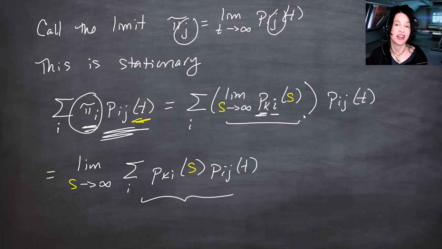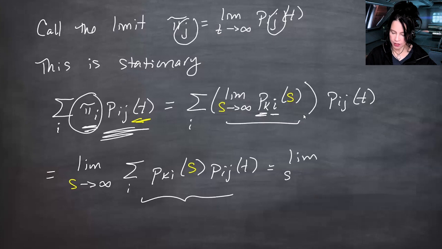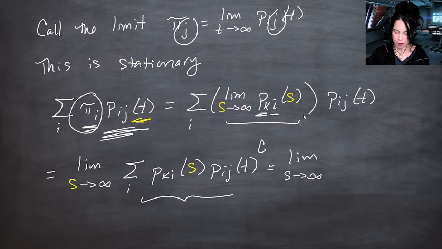And here I've got a Chapman-Kolmogorov equation. So I have the limit as s goes to infinity. This thing I put an under bracket on takes us from state k to state j in s plus t units of time, running through an intermediate state i that we summed out. So this is the Chapman-Kolmogorov equation, and this is the probability of going from k to j in s plus t units of time.